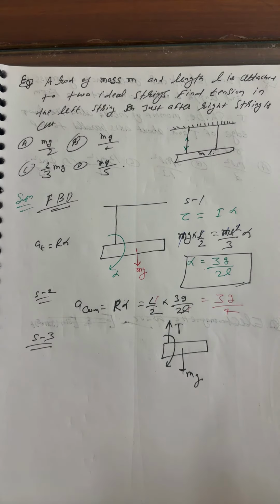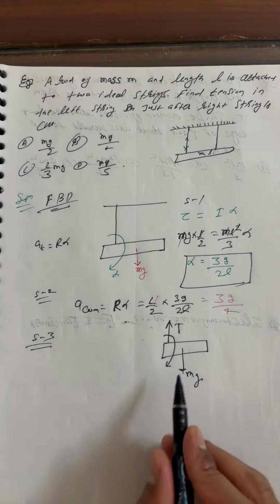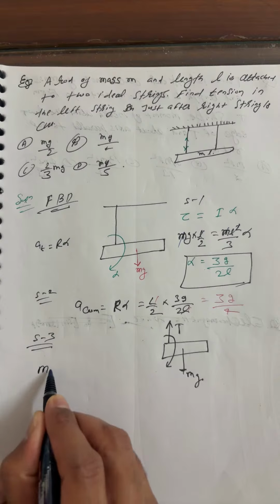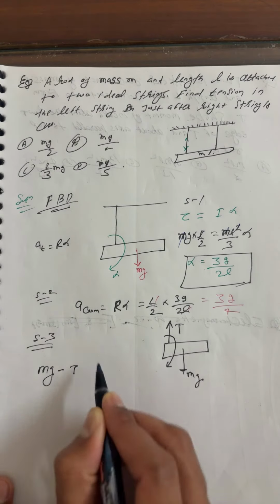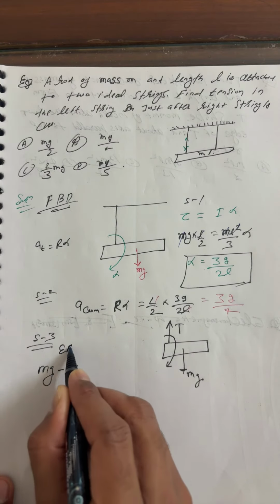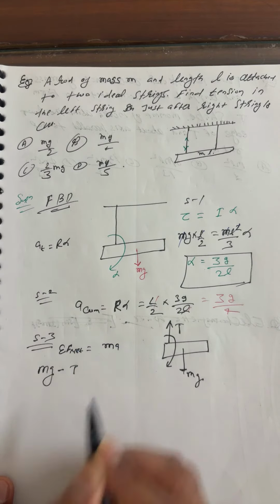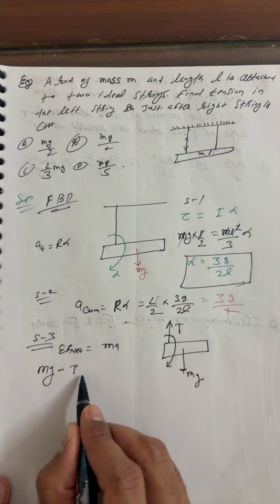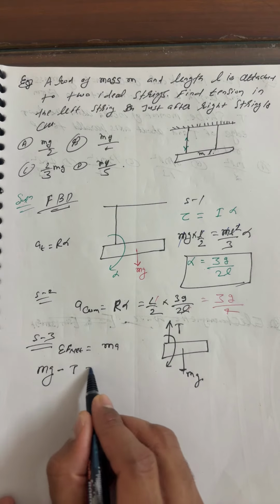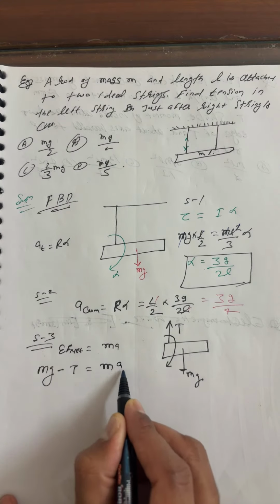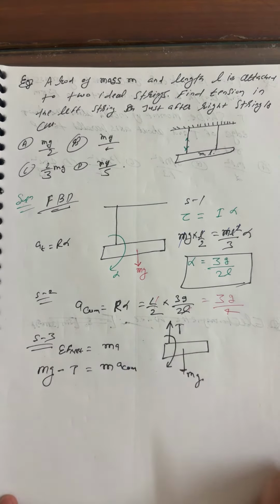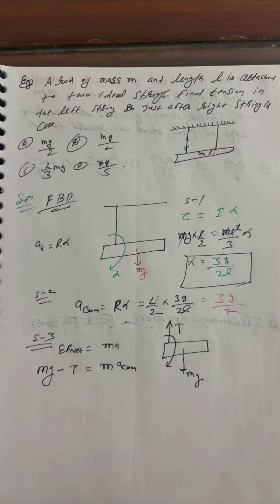Apply summation of F net equals ma. So mg minus T equals M into the acceleration of center of mass which we found, 3g by 4.